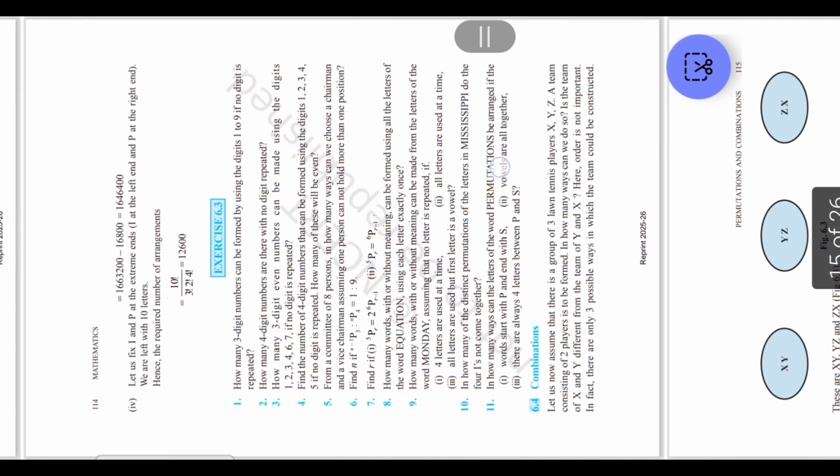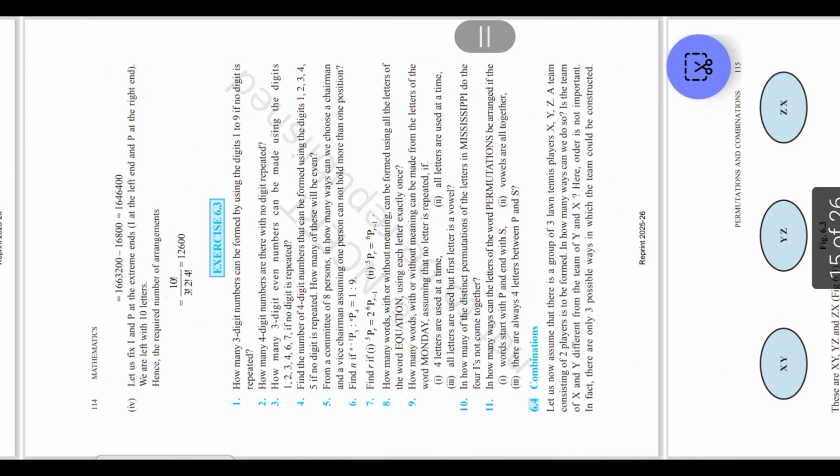And in this question, theorem 5 is important. I'm not ticking, but theorem 5 is most important. This one is also important for 2 marks.